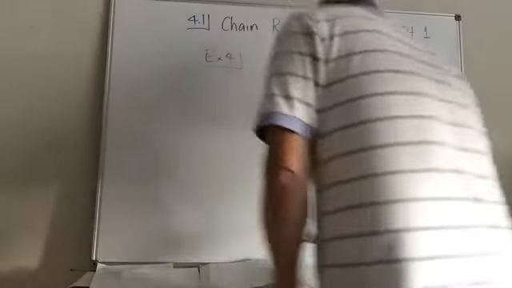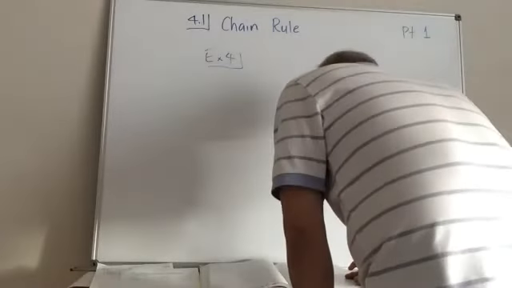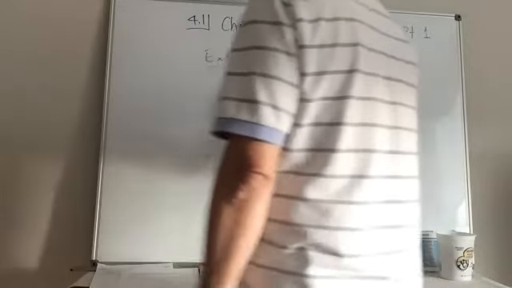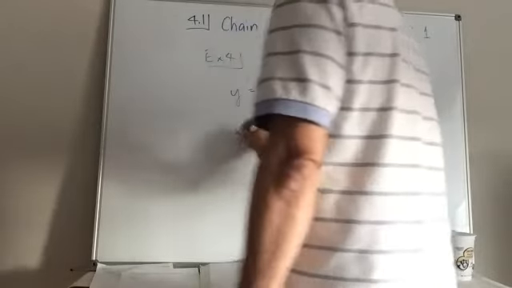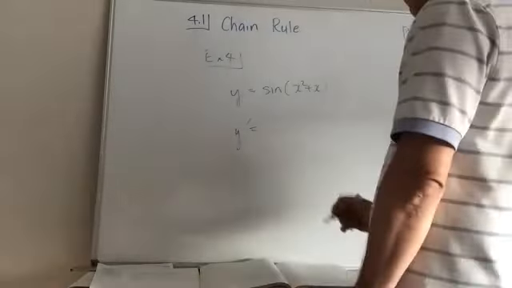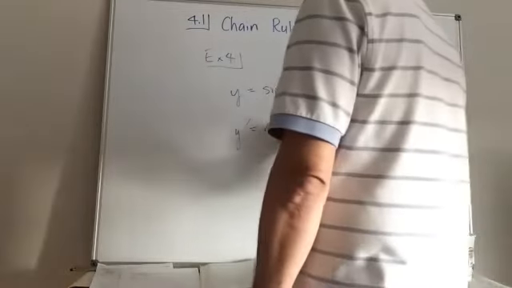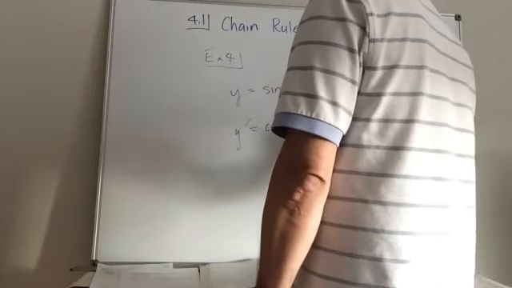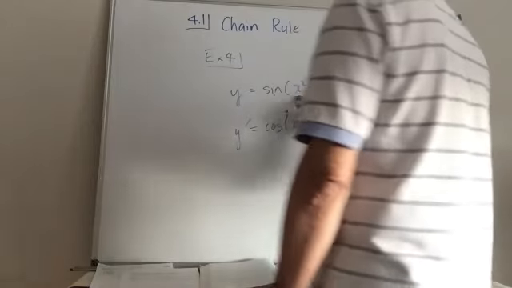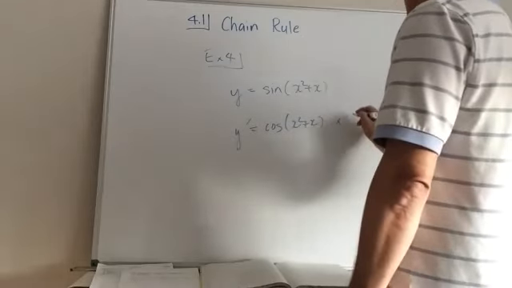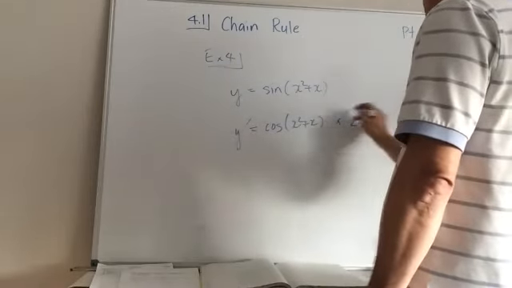Example number 4: differentiate sine of x squared plus x. I call this y, so y prime. Again, you take the outside first, cosine of x squared plus x, and then I take the derivative of the inside, times 2x plus 1.